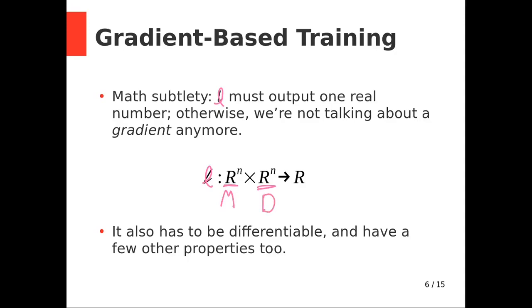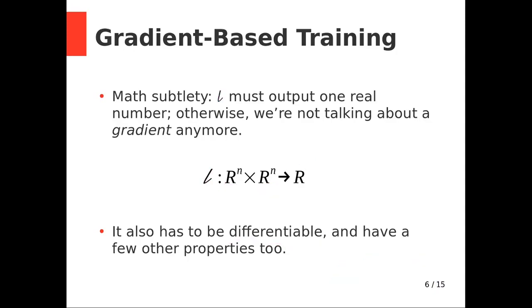Our model behavior and our desired behavior, onto one real number, which is the loss, right? It also has to be differentiable, right? Our loss function and our model, in fact, M(x; theta), both of these things have to be differentiable. And they have to have a few other important properties too.